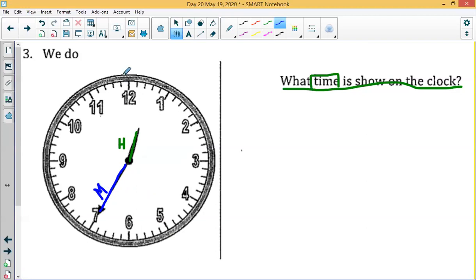Now let's go up here at 12. And we know that would be 0, 0. So go ahead and label it 0, 0. And then 1 would be 5 minutes past. Go ahead and label.